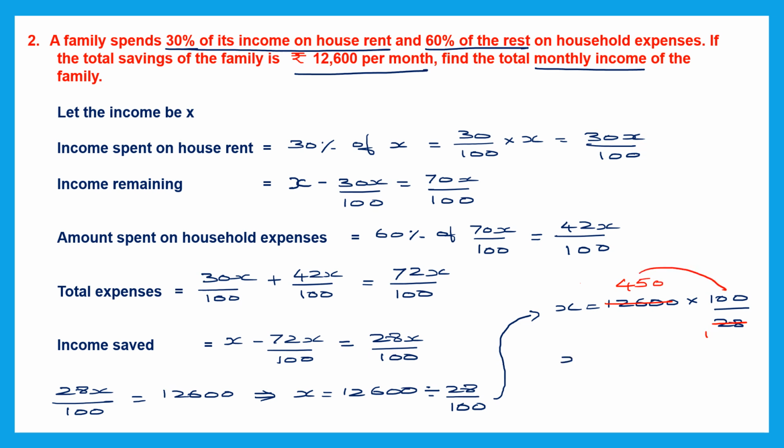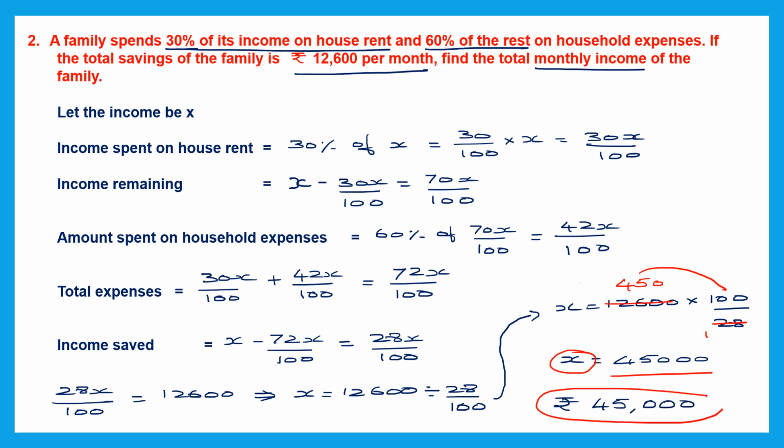So x is equal to 450 into 1, you can write first 450 and then add the two zeros. So what do you have here? You have 45,000. And what is x? X is the income. Right at the beginning we said let the income be x, and we have found the income, and that is rupees 45,000. So we can write that rupees 45,000 is the income. So this is our final answer.